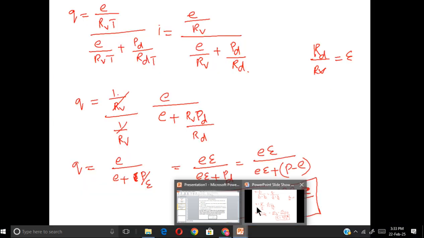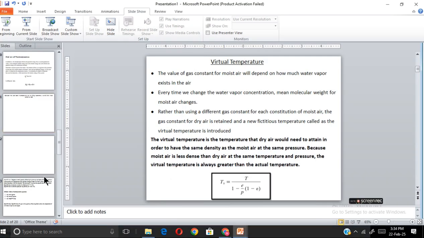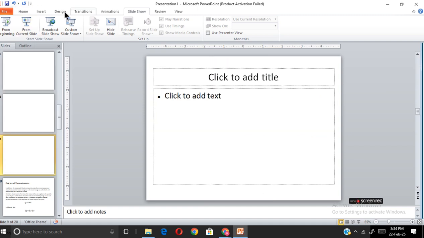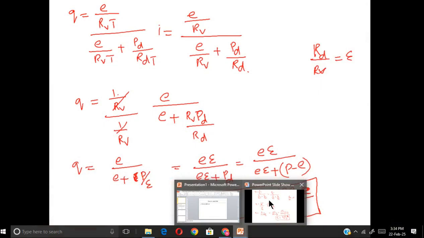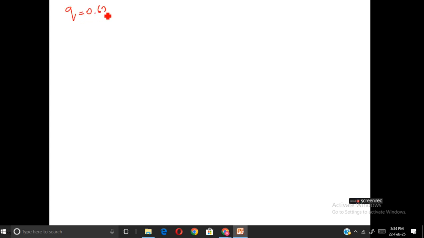So now, since we have the value of Q, we can calculate E from this equation, right? We got Q is equal to 0.622 E, which is vapor pressure, divided by P minus E. We know the value of Q, which is given as 0.0196.